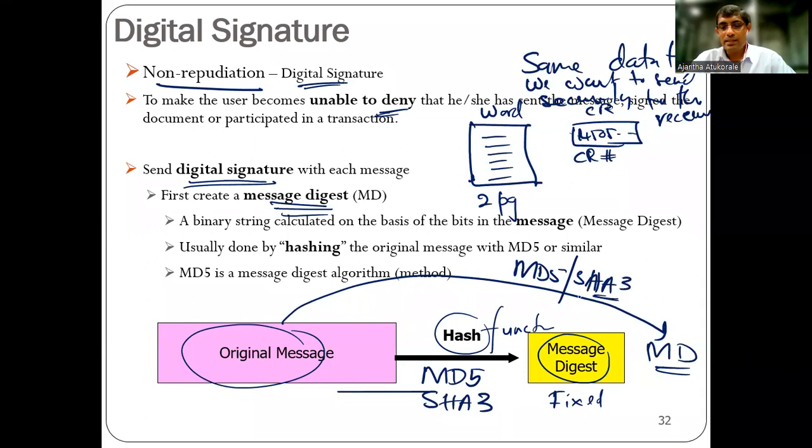I'll always use SHA3 because sometimes people get confused: MD5 is an algorithm name used to hash this, while MD is a message digest. The 5 is actually version 5, message digest version 5. But when I write SHA3, then you know it's something different. Sometimes people try to put MD5 here as well, which is wrong. MD5 is an algorithm; the message digest is the fixed thing that we get out of that.